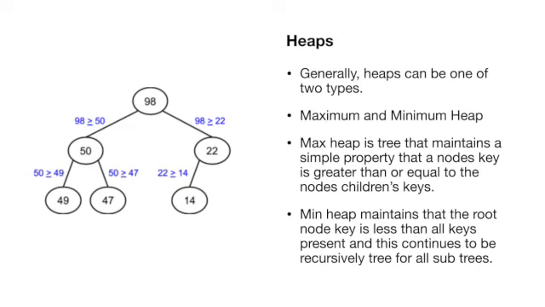The max heap tree maintains the simple property that a node's key is greater than or equal to the node's children's keys, and the min heap maintains that the root node key is less than all keys present, and this continues to be recursively true throughout the tree and all subtrees.